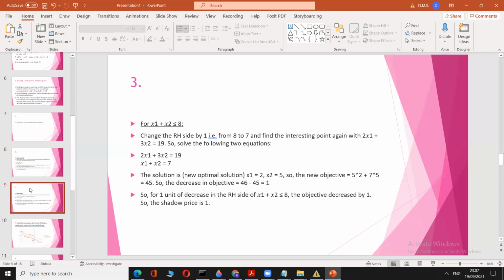It is also written like this: 2x1 plus 3x2 equals 19, and x1 plus x2 equals 7. I think that is correct?